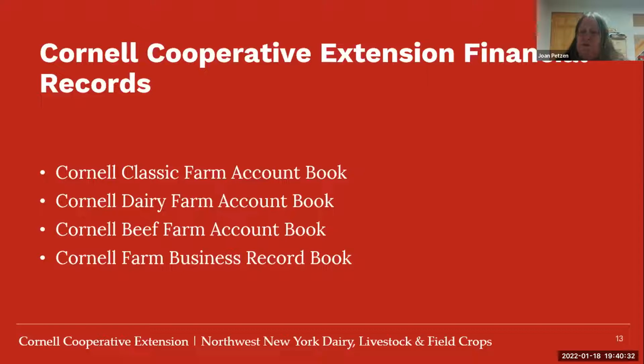This book is more of a notebook style, and it allows you to keep track of, for example, the utility expenses on one page. On another page, you would write all of your seed expenses. On another page, you would write revenue from crops. And another page, maybe revenue from livestock. So those are some tools that are available through your local cooperative extension office.